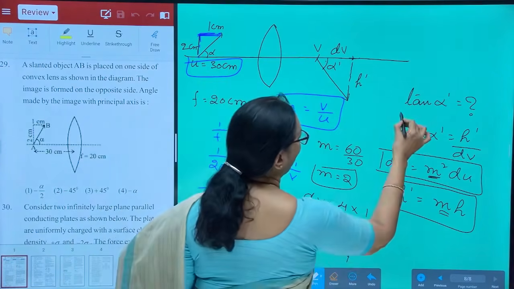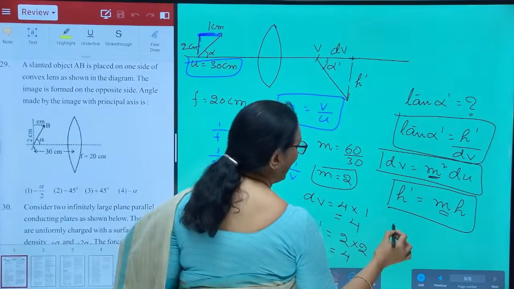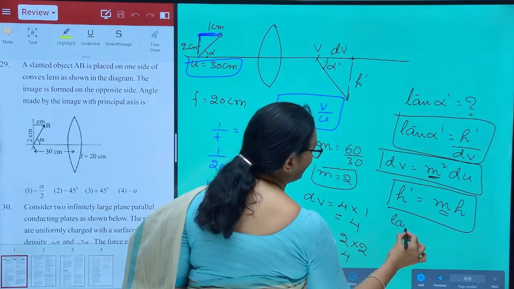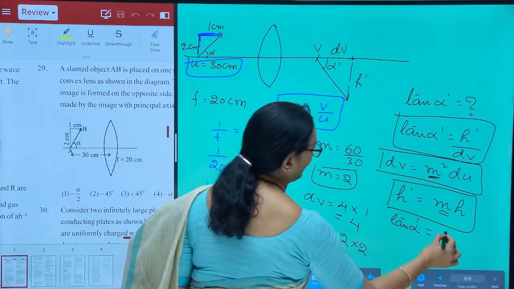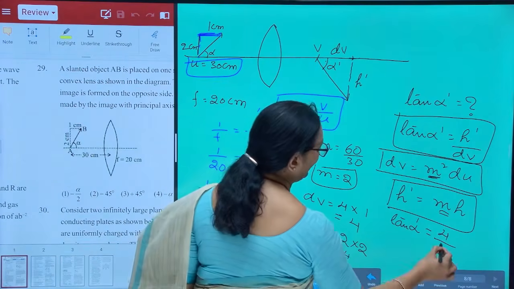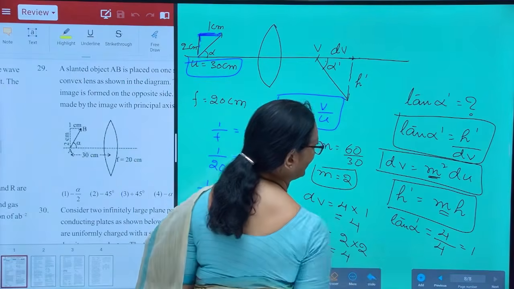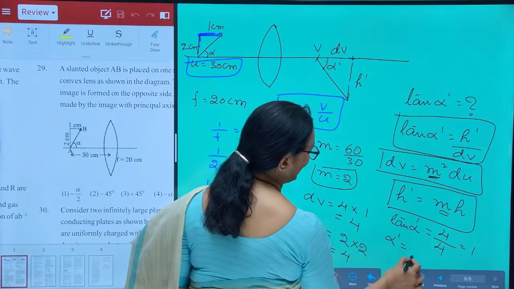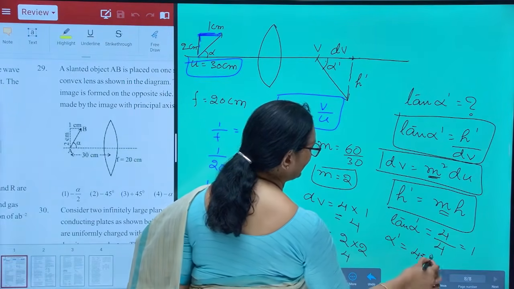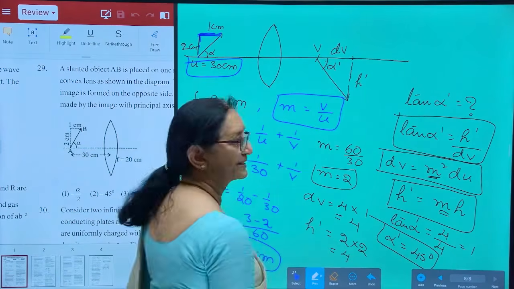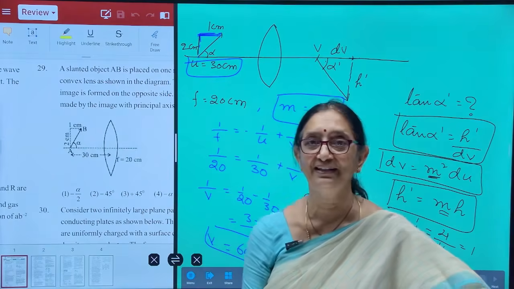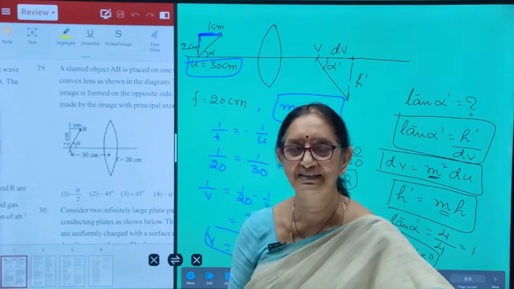So tan alpha dash is equal to h dash, which is 4, over dv, which is 4. This is equal to 1, which says that alpha dash is equal to 45 degrees. Look into the options. You have plus 45 degrees, minus 45 degrees.